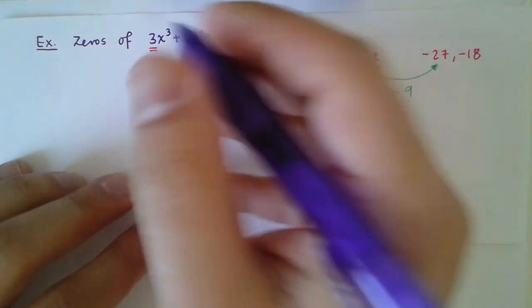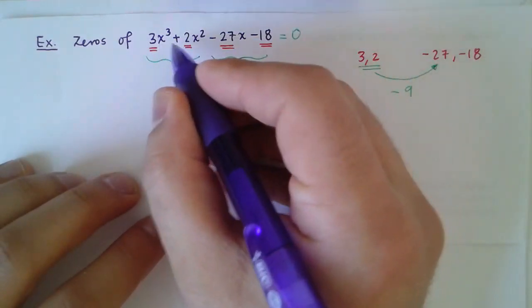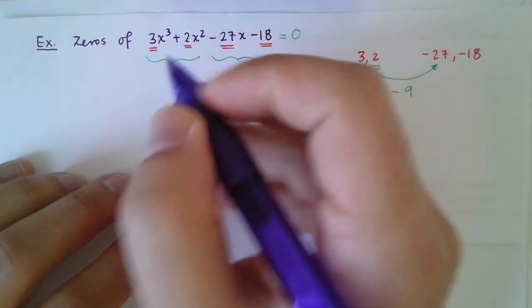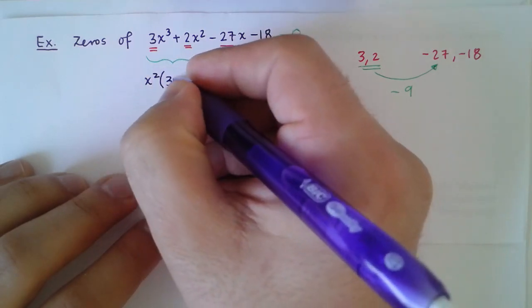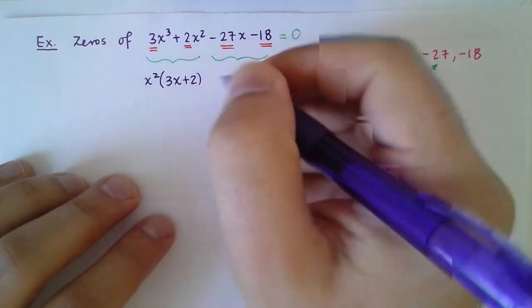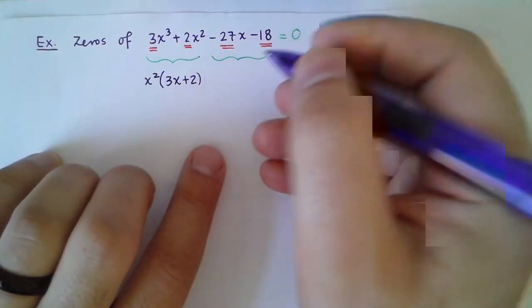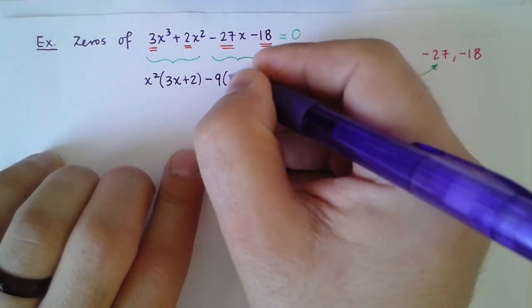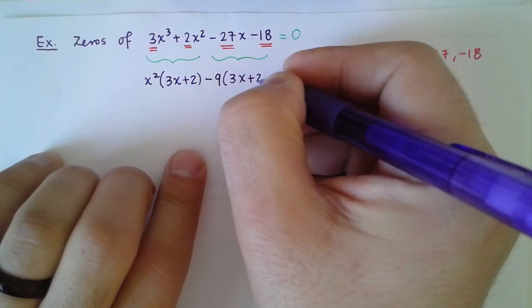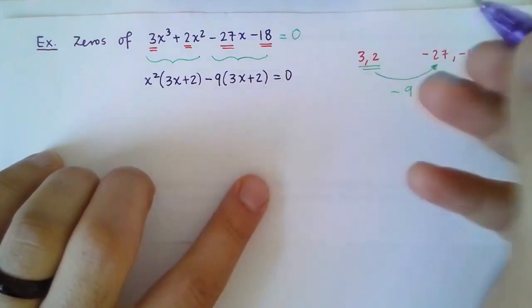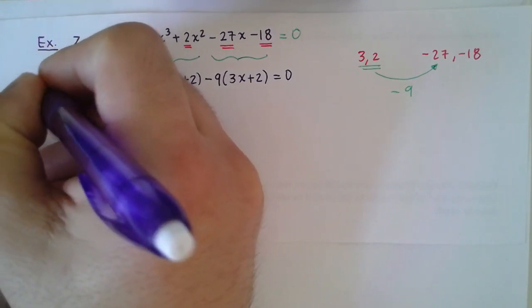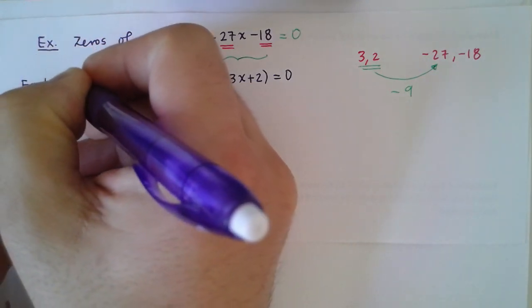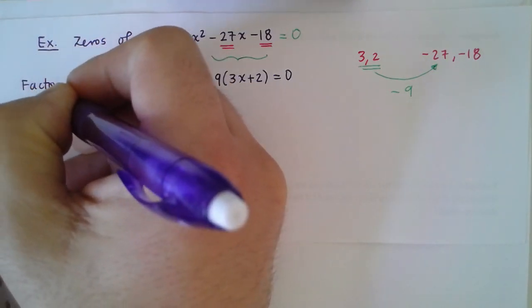For example, it's 3x to the third and 2x squared. I can factor out x squared from both, so I have 3x plus 2, and then here I can factor out -9. I got the same 3x plus 2. So that means factor by grouping works. We call it factor by grouping.